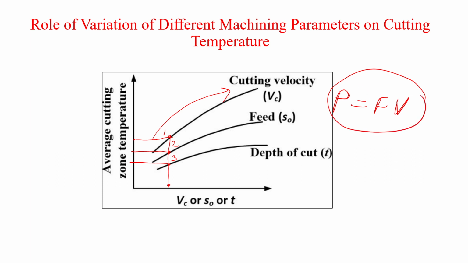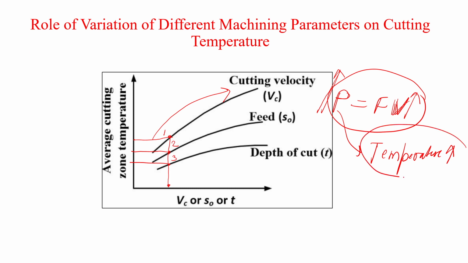If you are increasing the velocity, then power will increase, and when the power or the energy consumed increases, this means the temperature is increasing. Therefore, with increase in velocity, there is a huge increase in the power or energy consumed, which leads to the increase in temperature. So this is basically the trend of Vc, S0 and t with the cutting temperature.